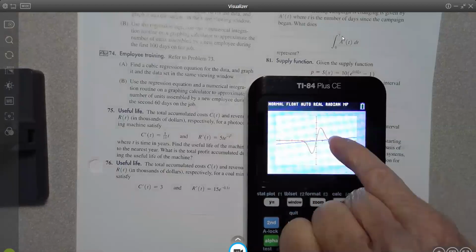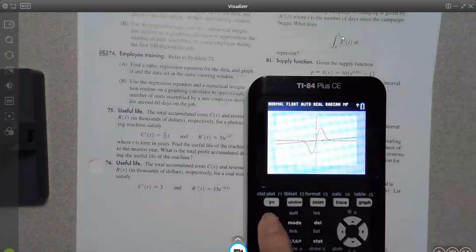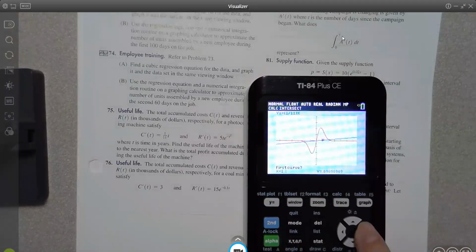So if I do second calc number 5, and move my cursor over to where it looks like it's at the intersection.